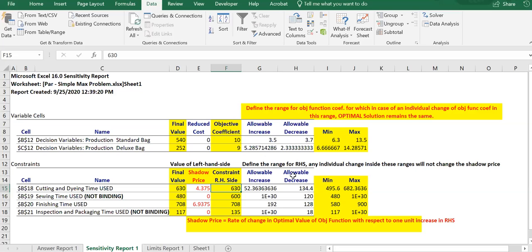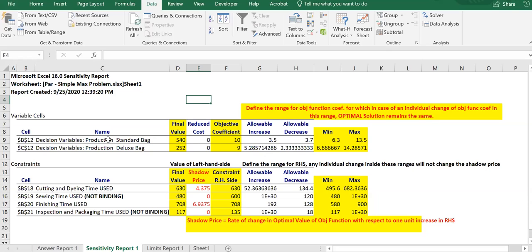That's really about the shadow price, allowable increase, decrease, and objective function allowable increase and decrease. We have one more thing here, the reduced cost. Reduced cost, like I said, is a little tricky. It's in general the cost or benefit of an additional production of one unit of each one of these products, right?